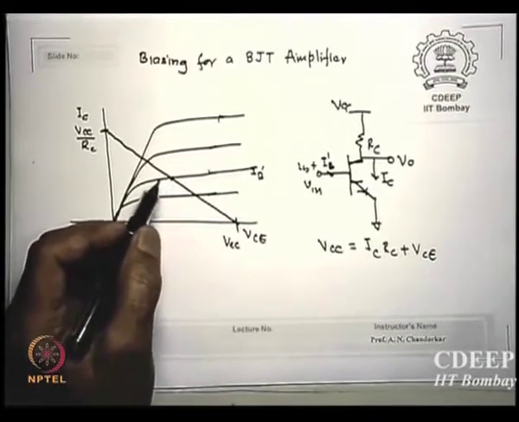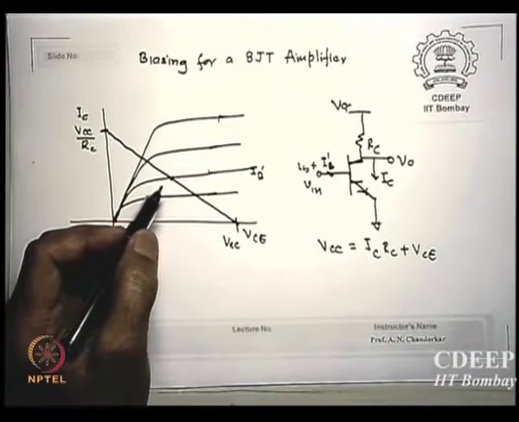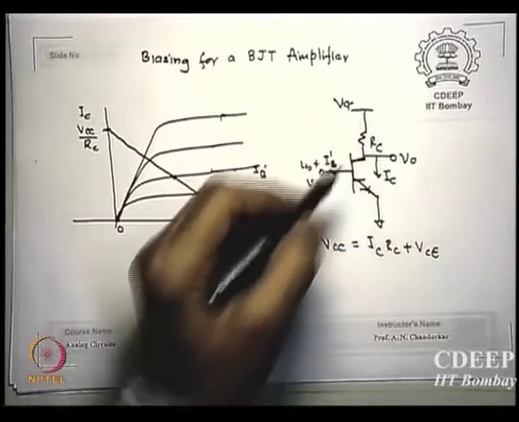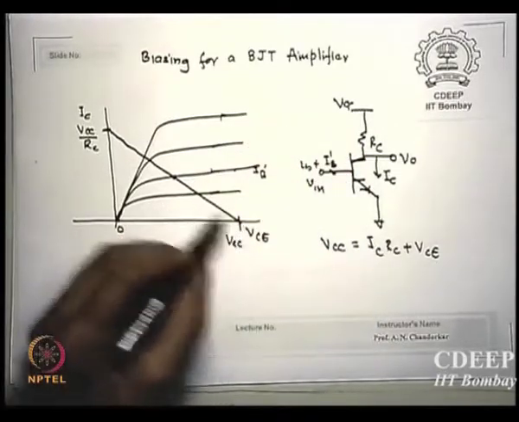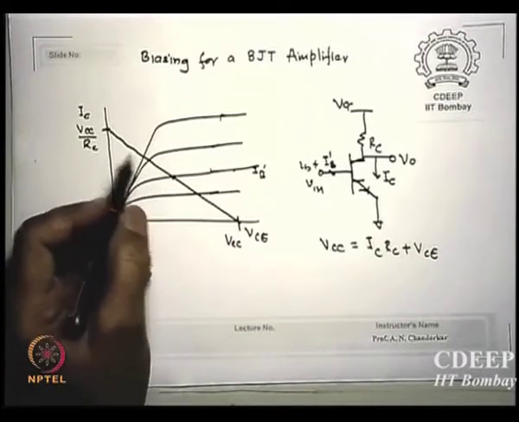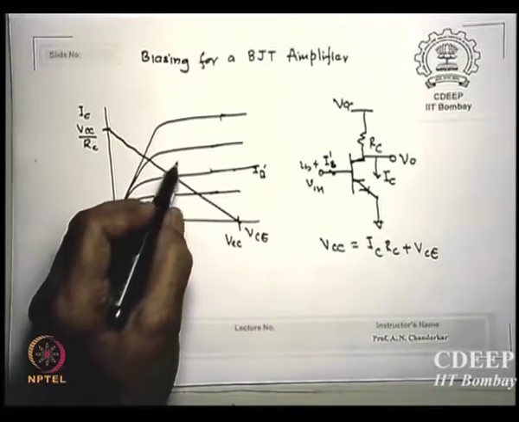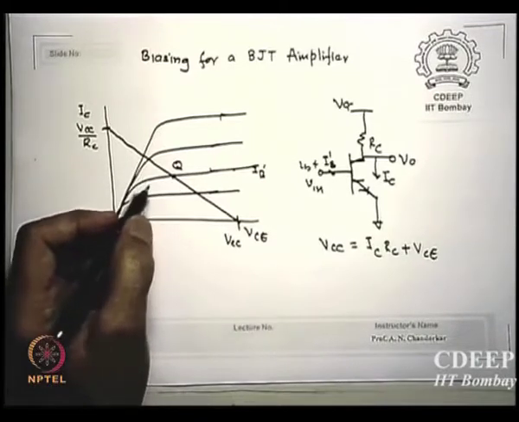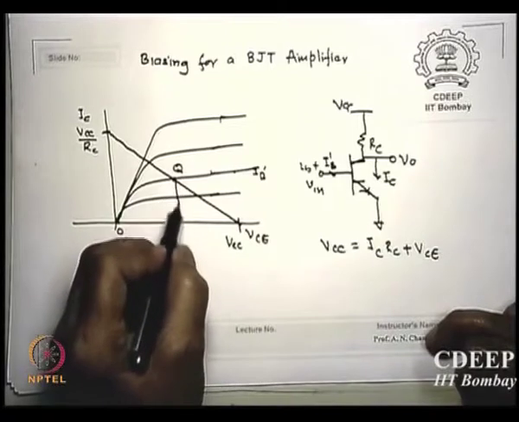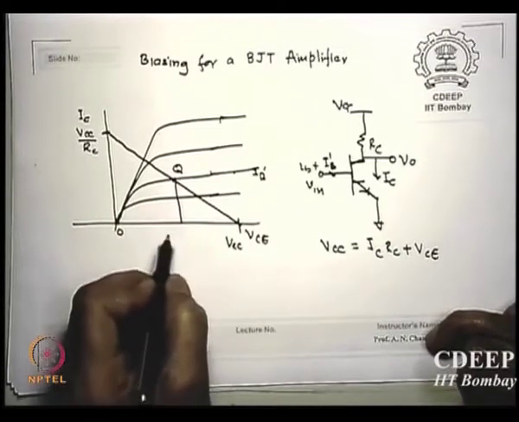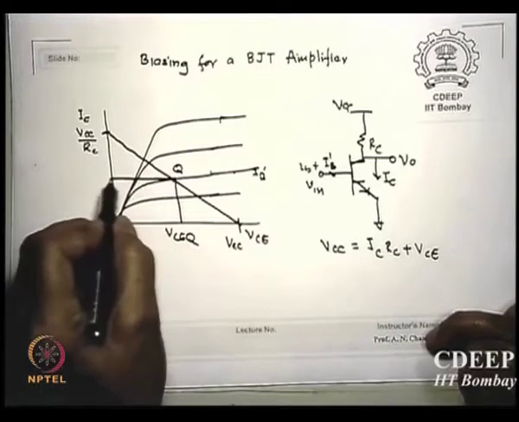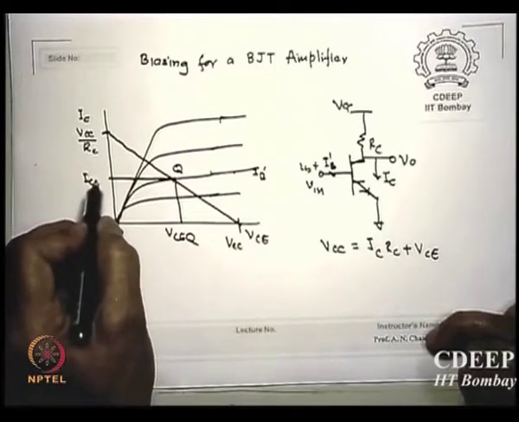I want to fix the DC current for the transistor on this characteristic, and if I then connect RC on this, I have a load line like this which intersects this IC versus VCE characteristic at this point, and we know this point is called the operating point or the quiescent point. For this point, the DC value of VCE we call VCEQ, and this current we call ICQ.